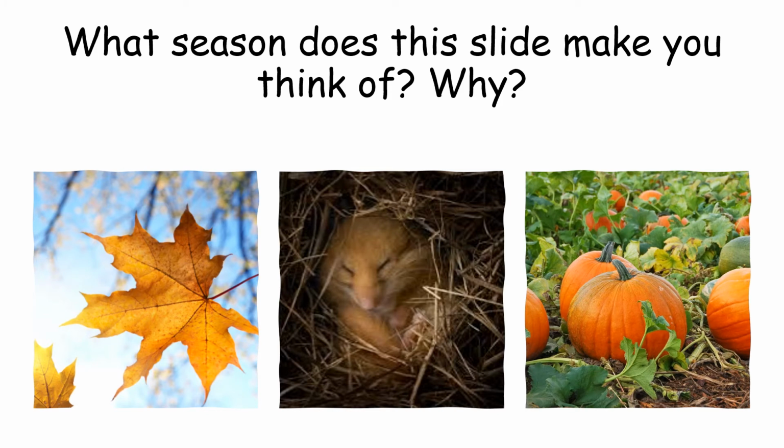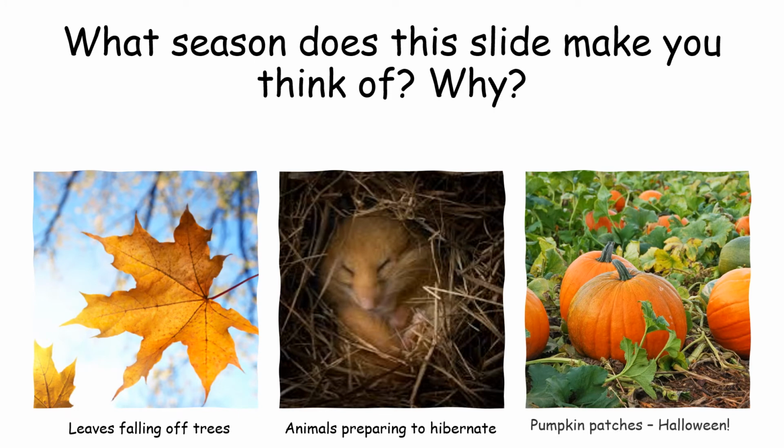So what season does this slide make you think of? And have a think about why those certain images make you think of a certain season based on what you know already. So we've got leaves falling off trees, animals preparing to hibernate, and we've got pumpkin patches, which sometimes we can associate with Halloween.